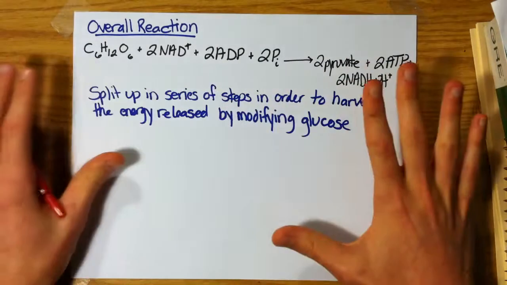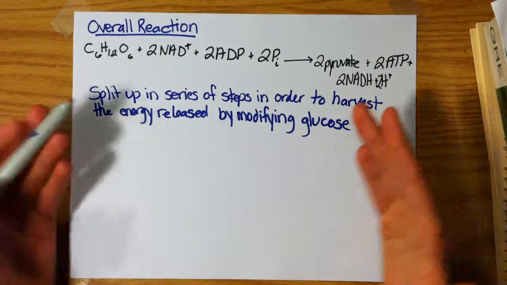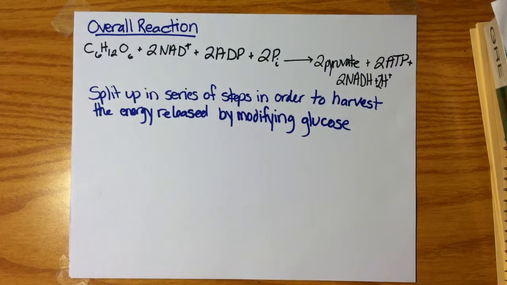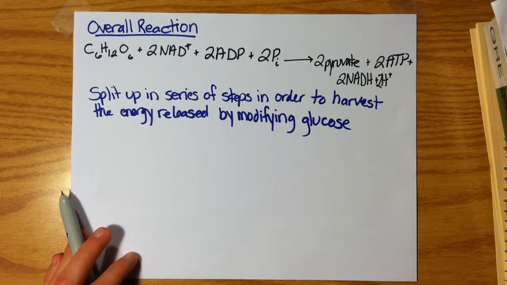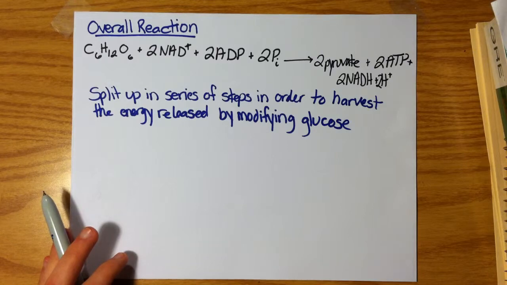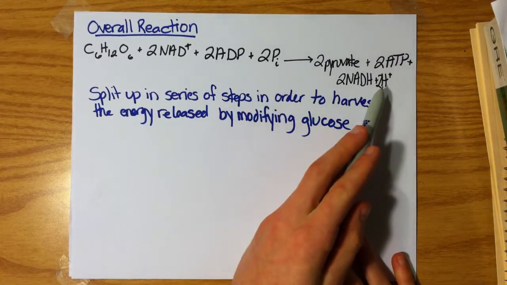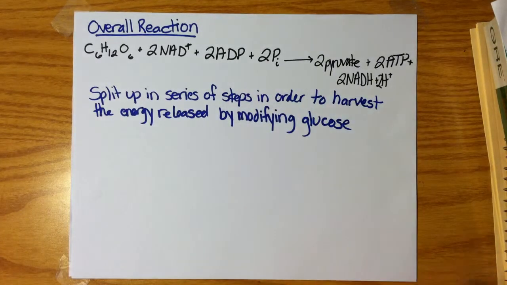Now this whole reaction yields a lot of energy if it's all done in one step, but we've done this in a series of smaller steps, so these reactions are reversible. If we did this all in one step, it would be an irreversible reaction, which would lead to a high release of heat energy and a loss of a lot of this potential energy to heat instead of converting it into high energy molecules such as ATP, which can be used for other cellular processes.